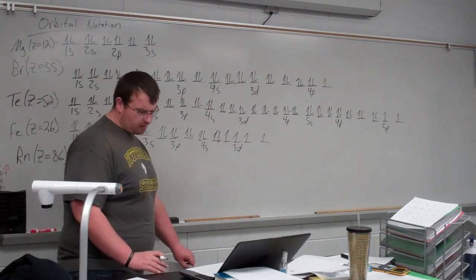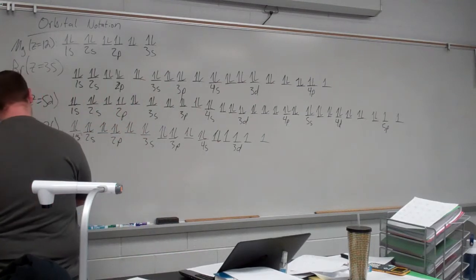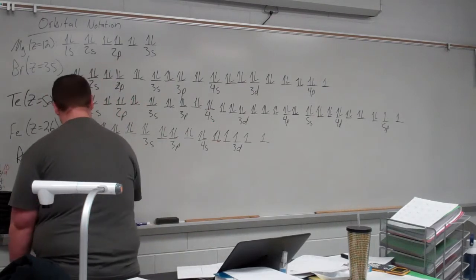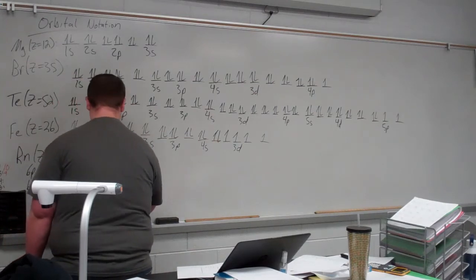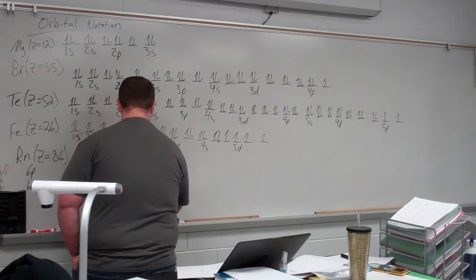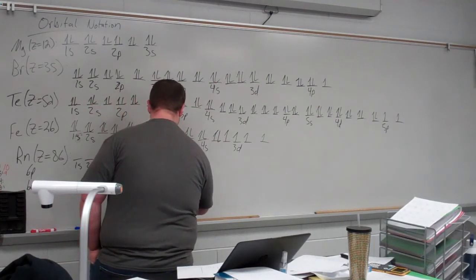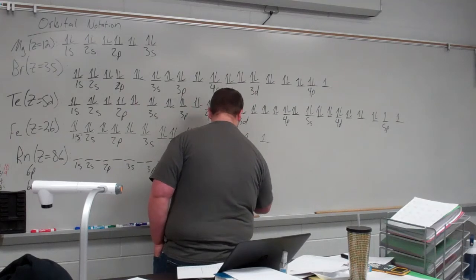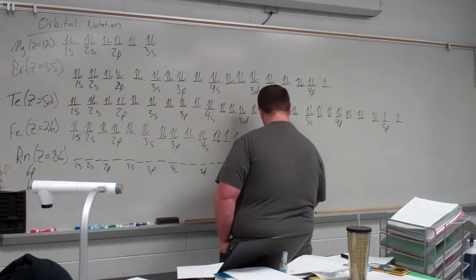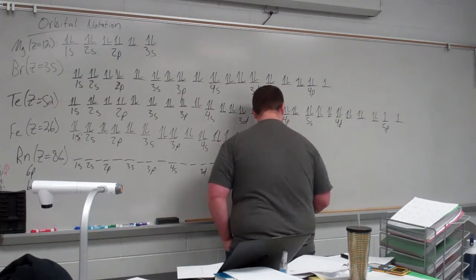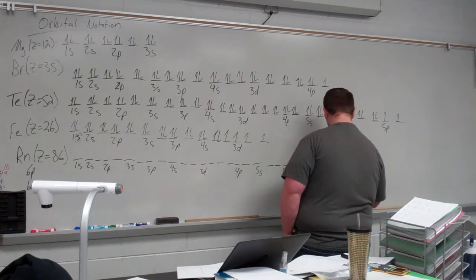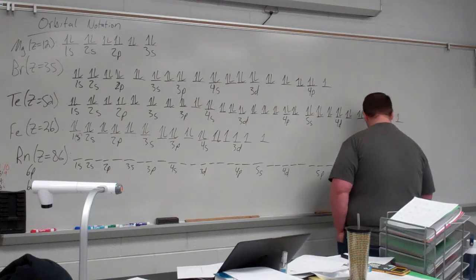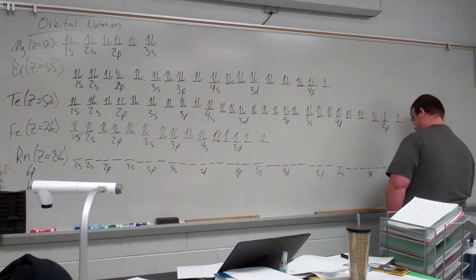Radon. Radon ends in 6p, 6 electrons. 1s, 2s, 2p, 3s, 3p, 4s, 3d, 4p, 5s, 4d, 5p, 6s, 4f, and 5d.